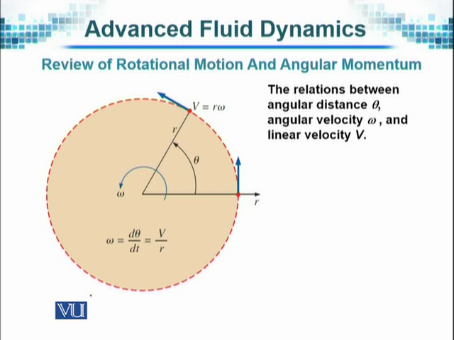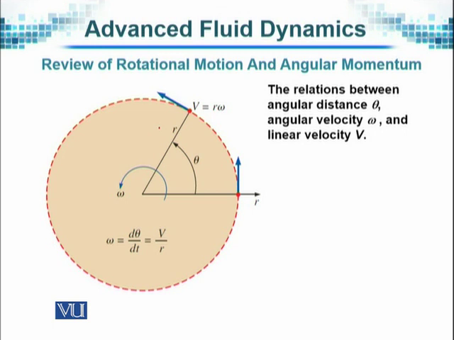The relations between angular distance theta, angular velocity omega and the linear velocity v have been already written in the earlier slide. In the picture you can see that theta looks large for convenience of viewing, but in differential calculus, when we are trying to calculate these things, we always consider a small distance covered.